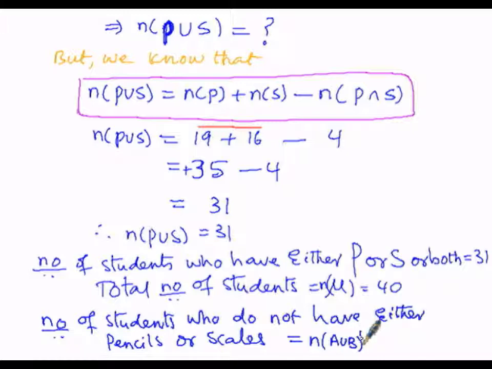Here, instead of A and B, it is P and S, so n of P union S whole dash, because it is pencils and scales. This is the question mark.